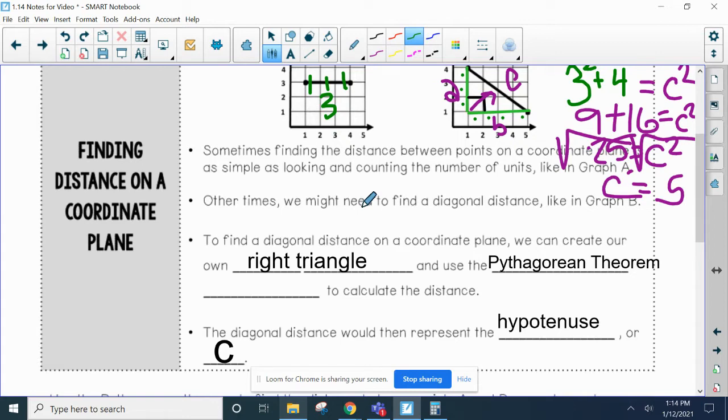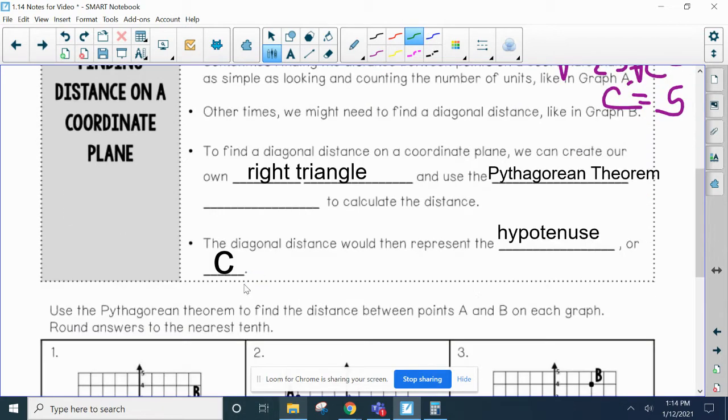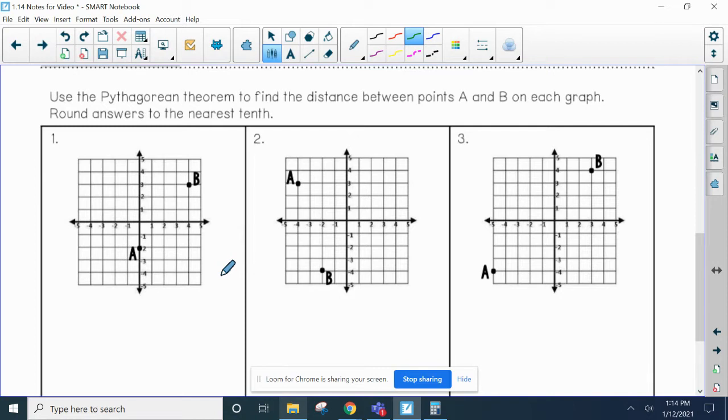All right. So let's go ahead and look at our first example. It says we're going to use the Pythagorean theorem to find the distance between points A and B. So we're going to make our triangle. I went too far because A only goes down this far. We're going to find where those 2 points would meet, and this diagonal, this missing portion that we're looking for, we're going to figure out how long that is.